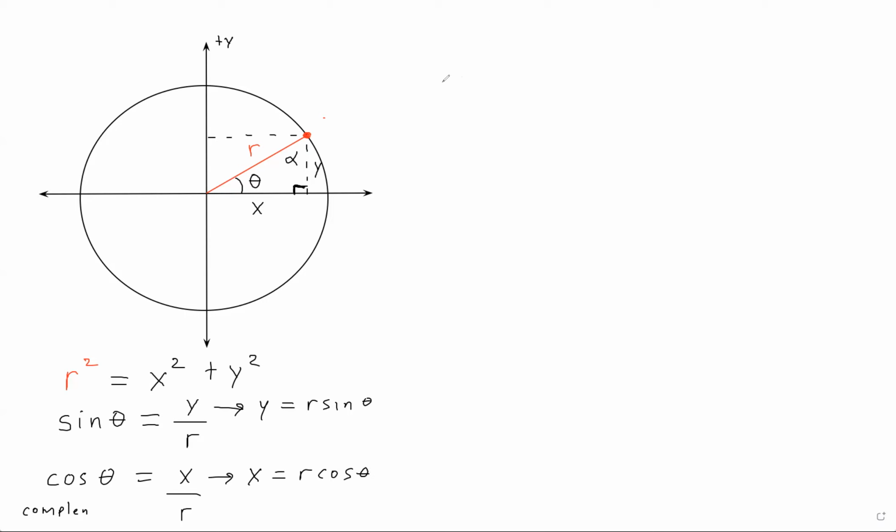Okay, let's rewrite the equations. r squared equals x squared plus y squared. Let's let r equal 1 unit of length. When we set r equal to 1, 1 squared is just equal to 1, and then the rest is x squared plus y squared.